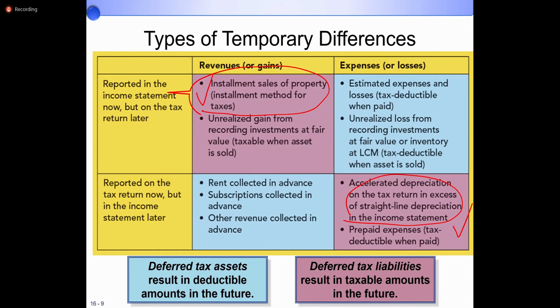So this is the deferred tax liability situation, and the blue colors here are deferred tax assets, because in those two situations our taxable income is greater than accounting income. We paid relatively more tax in this year, so in the future we're going to pay less tax. So we have future deductible amounts, and then we have deferred tax assets.